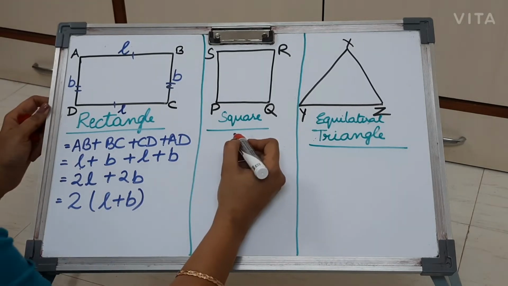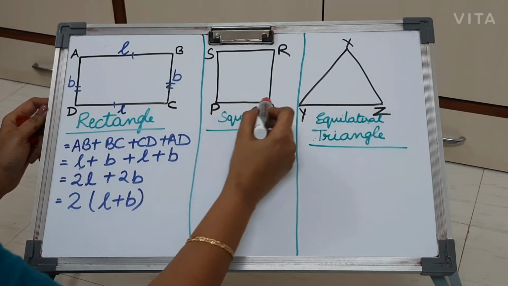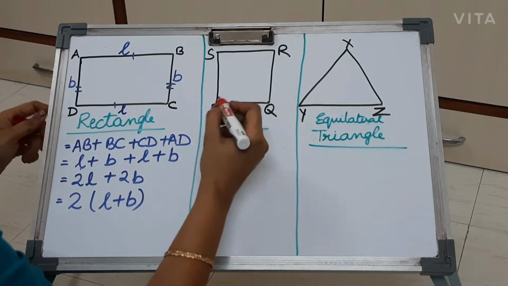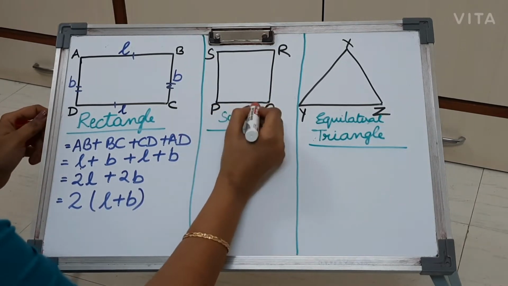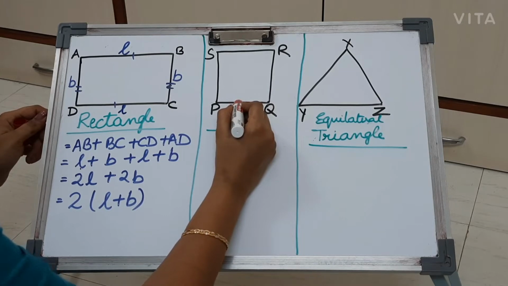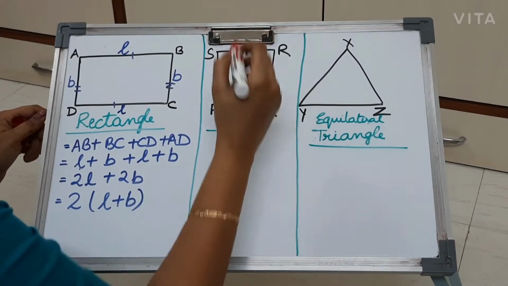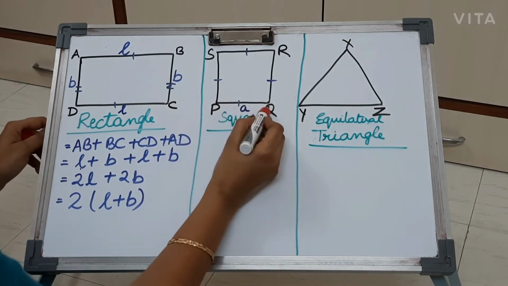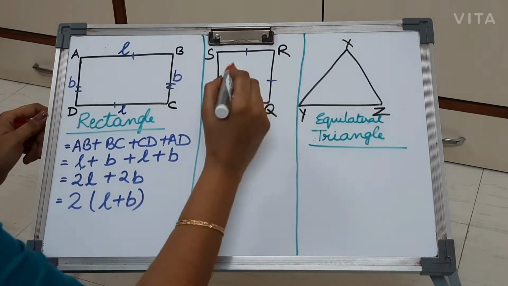Now for the square. Again, the sum of the boundary walls of the square will be the perimeter of a square. So again we will start. In a square we know all the sides are equal. Suppose we take PQ as A, that is, the length of PQ is A centimeter.